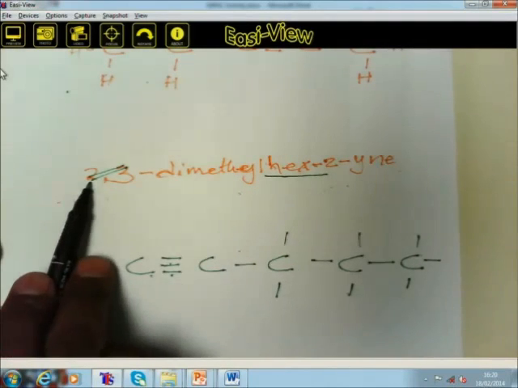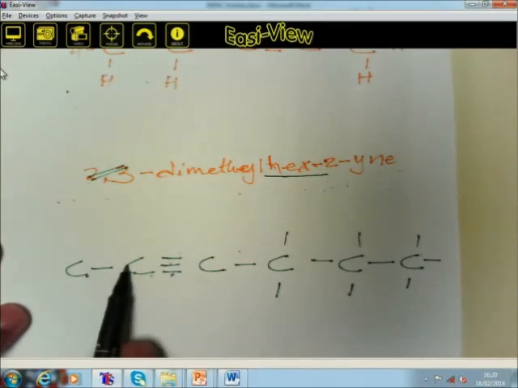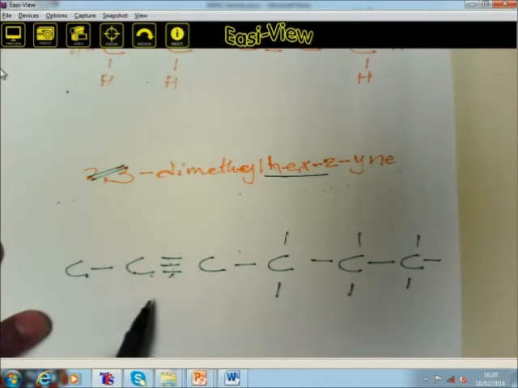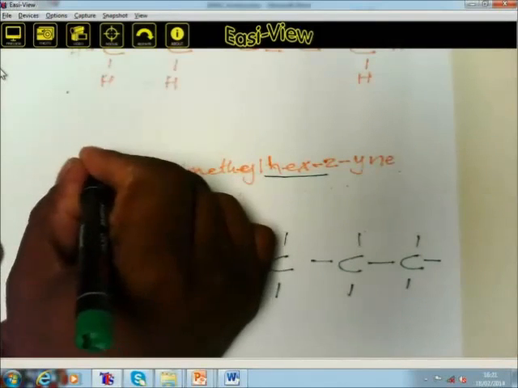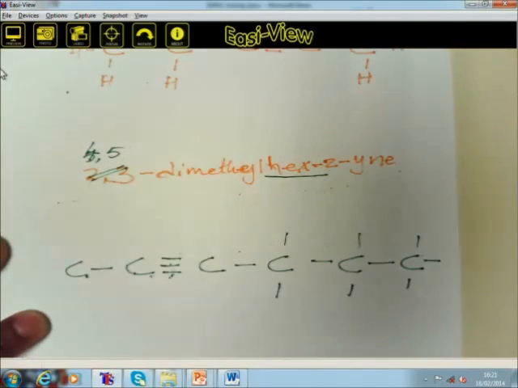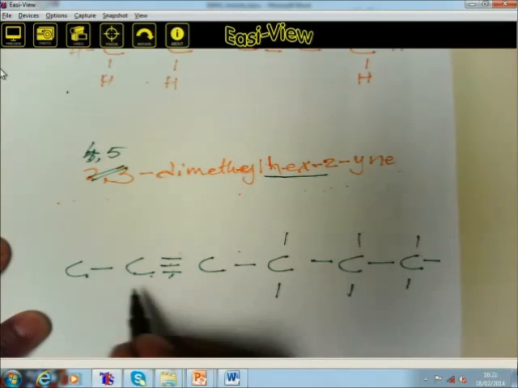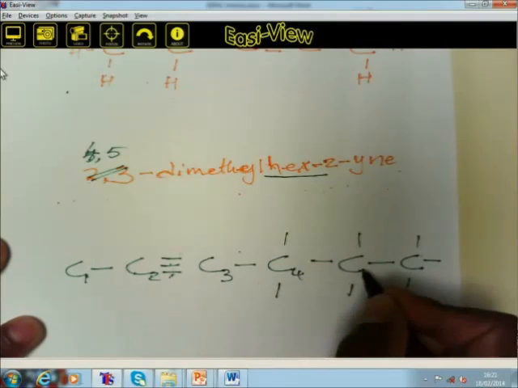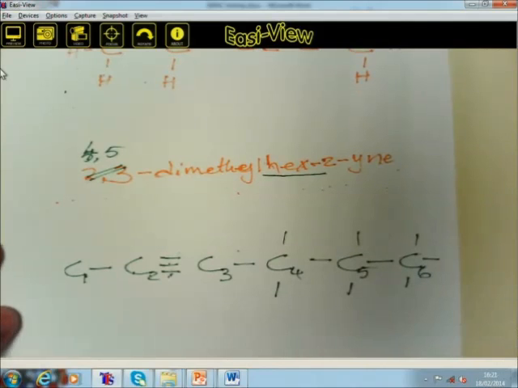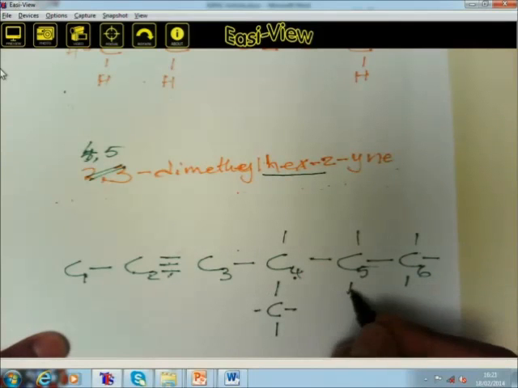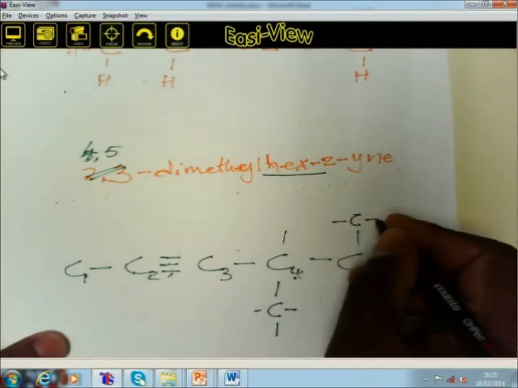Because if you look at that one, you said after carbon number 2, and already 2 has 4 bonds. Let's say carbon number 4 and number 5, 4,5-dimethyl. So we'll number them 1, 2, 3, 4, 5, 6.